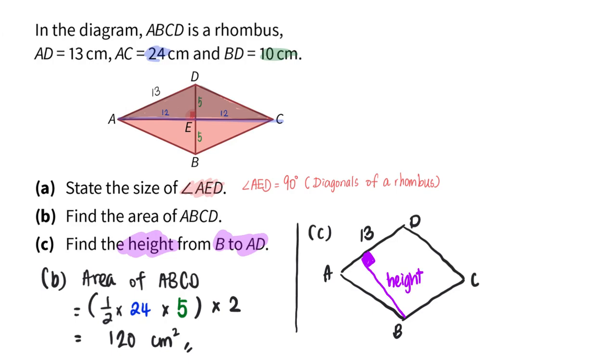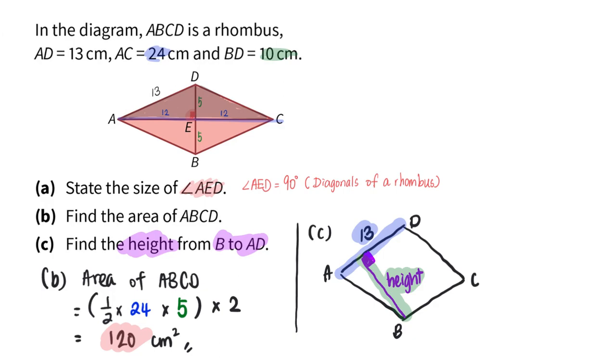Please remember that for the area of a parallelogram, a rhombus is a special type of parallelogram, base times height will be equal to area. And we have the area here, 120 cm squared.